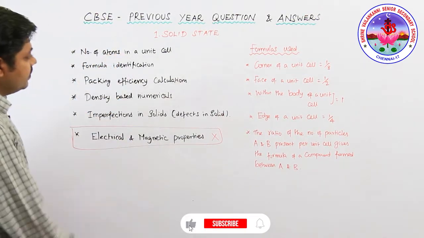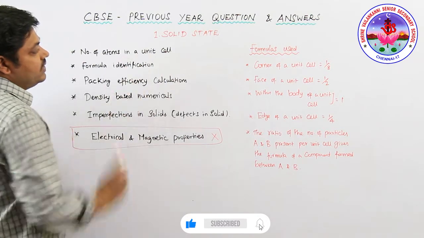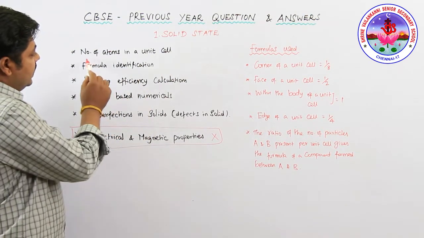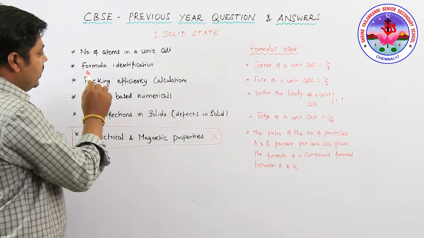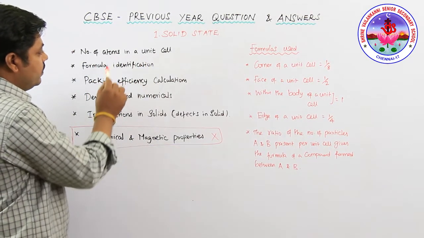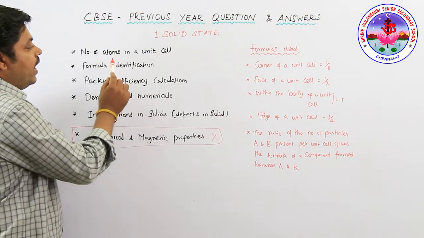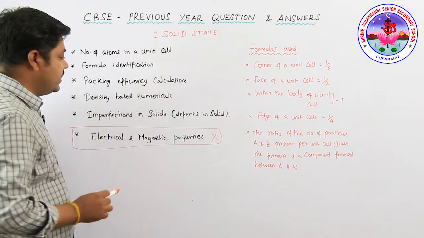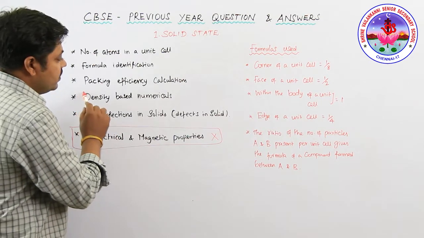For the rest of these things, in previous year question papers you can check the number of atoms in a unit cell, then formula identification. Usually the formula identification is based on the number of atoms in a unit cell. Then packing efficiency calculation and density based numericals.